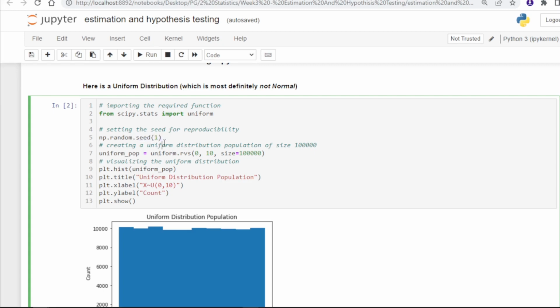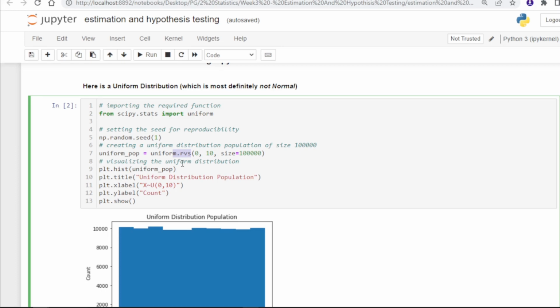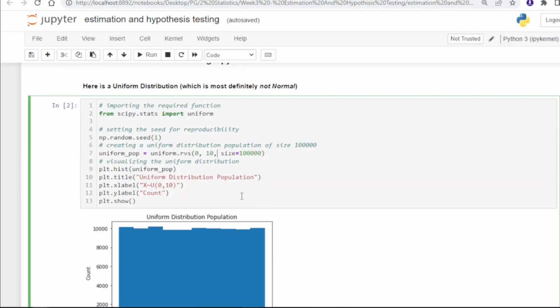If we seed with one, our random numbers will never change once created. We create a uniform distribution population of size 1 lakh using uniform.rvs, where rvs stands for random variables, from 0 to 10, and the size should be 1 lakh.